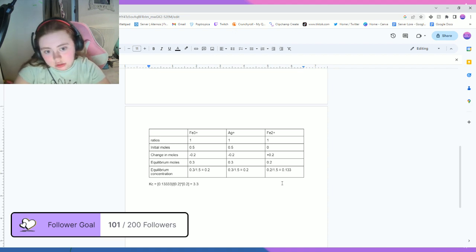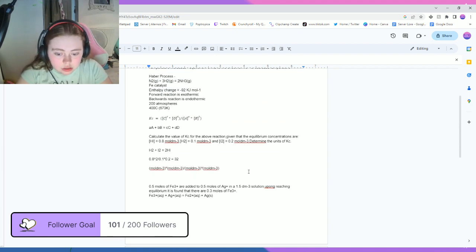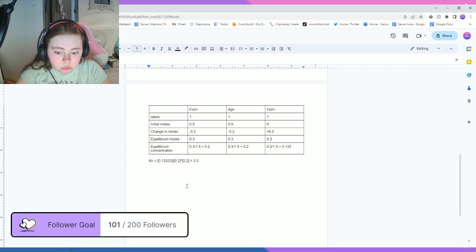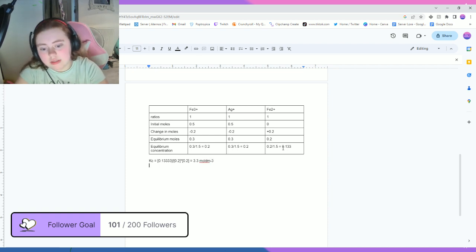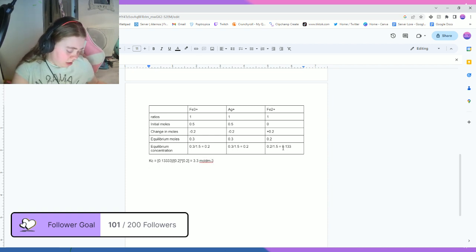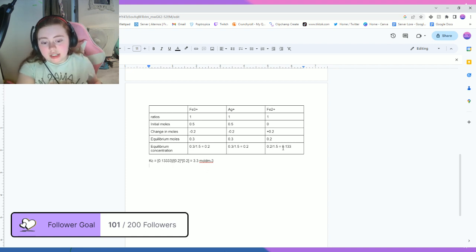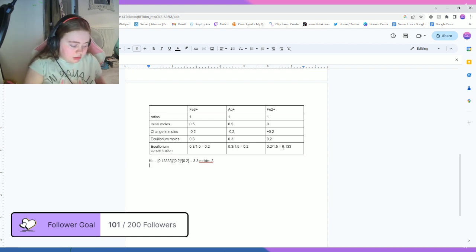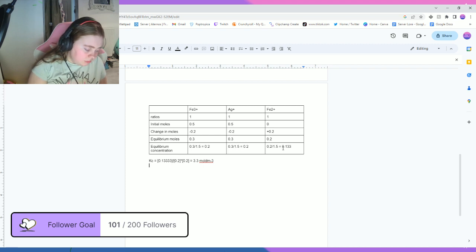And just do the moles equation same as you do for here, except it'll be one moles per decimeter cubed at the top, and then moles per decimeter cubed and moles per decimeter cubed on the bottom. So the Kc units will be just moles per decimeter cubed, I think.